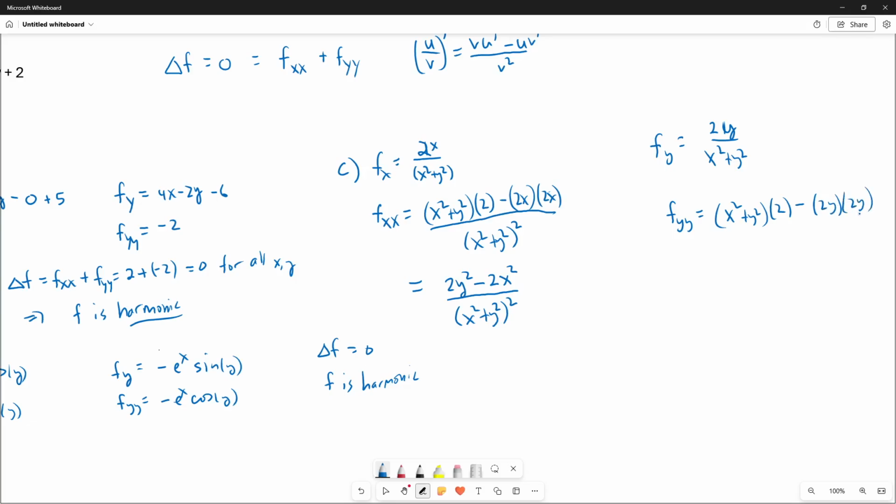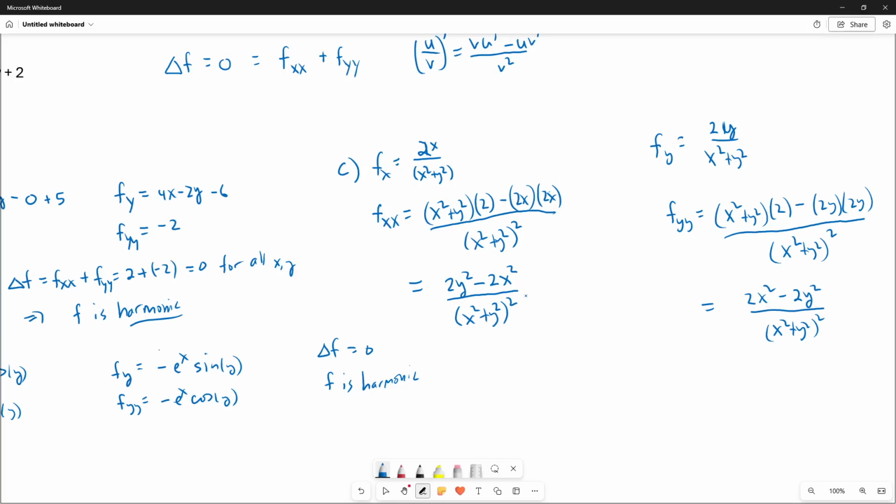And you see that we're getting the exact same thing, except with the x's and the y's switched. And this is 2x squared minus 4y squared. 2x squared plus 2y squared minus 4y squared. So altogether, 2x squared minus 2y squared.